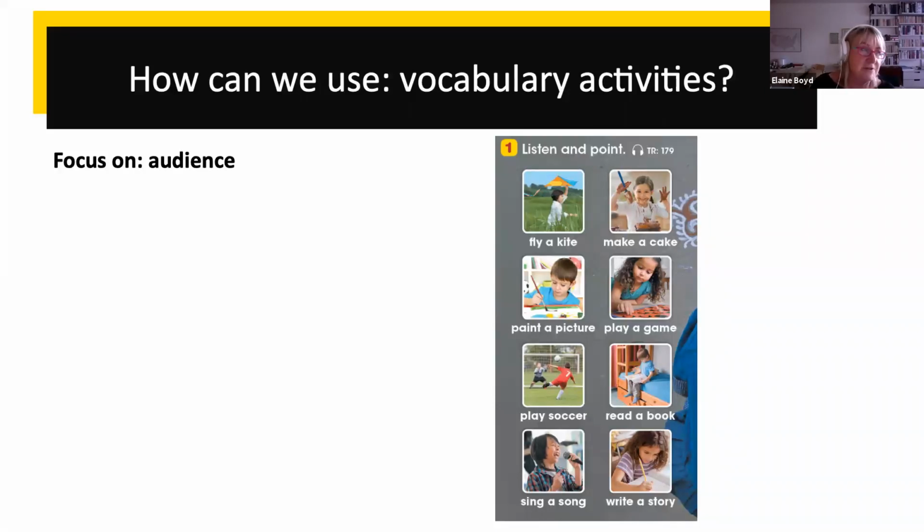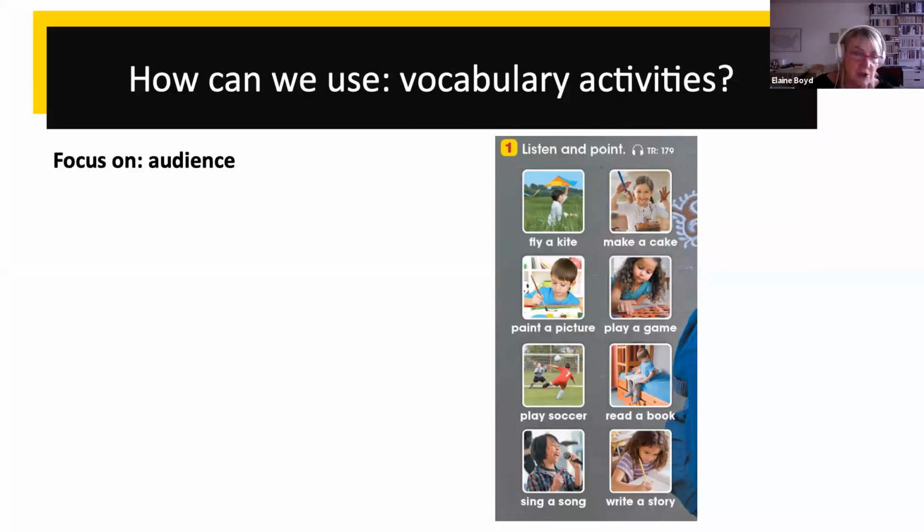So let's imagine you've done that page, you've done the teaching the vocabulary part of the lesson. And then later on, maybe later that week, maybe in another week, you're going to use this to do a little writing assessment with them.